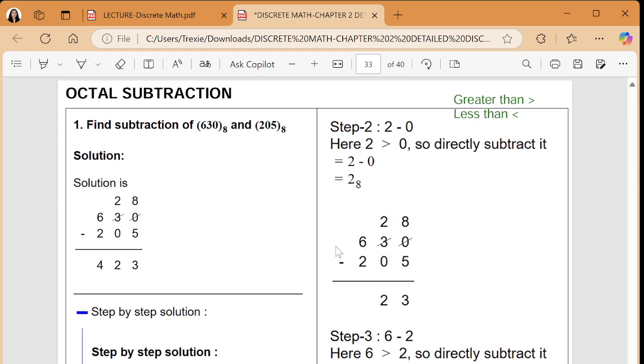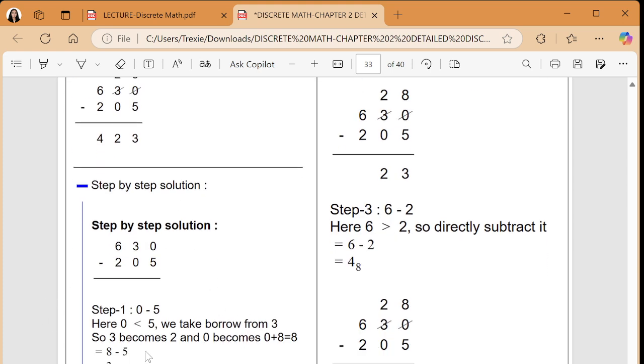What if we have octal subtraction? Find the subtraction of 630 base 8 and 205 base 8. To do that, step 1, we need 0 minus 5.